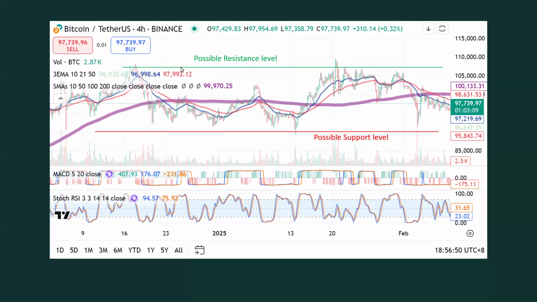A possible resistance level is when the price is going up and it couldn't continue up and it went back down. This is the part whereby a lot of sellers are preventing it from continuing to increase, and it has a possible bounce back downwards. So it moved to a downtrend.